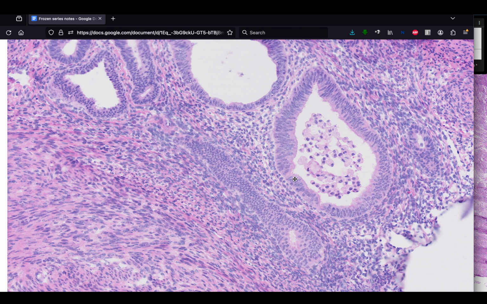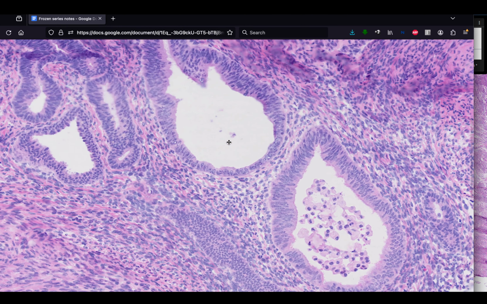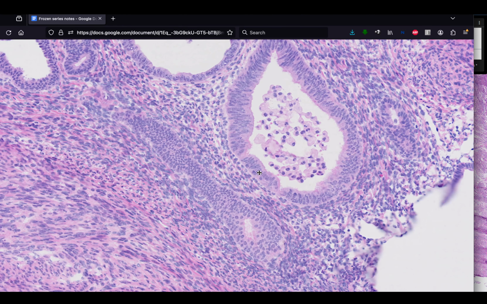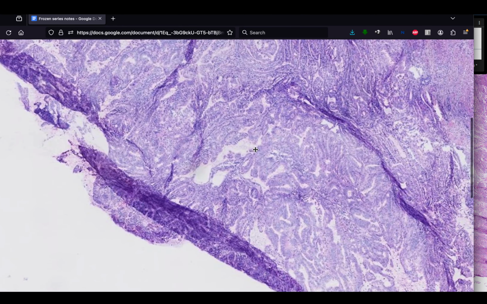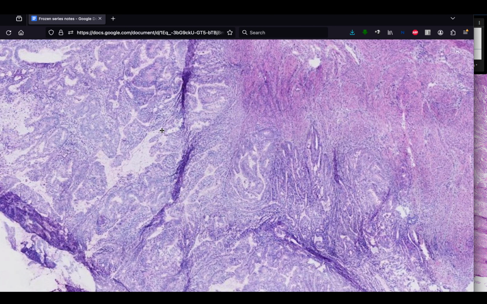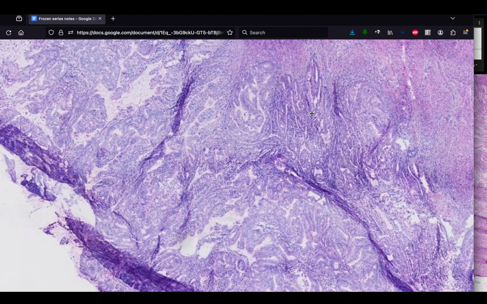Maybe they're low grade, like hyperplasia without atypia, I think. But I wouldn't get too stuck on these because the higher yield area is the other part that we were looking at, where the glands were back to back. You could see the glands are back to back and they're dissecting through the smooth muscle.